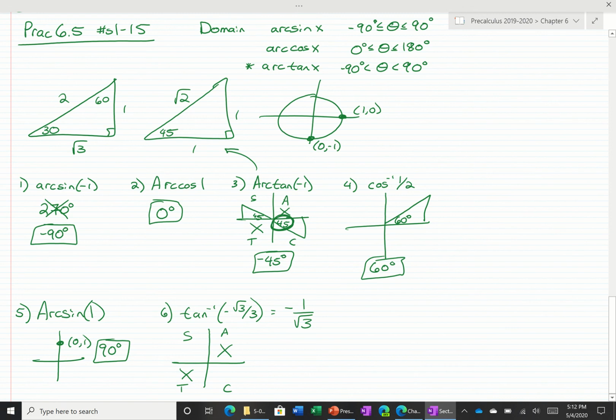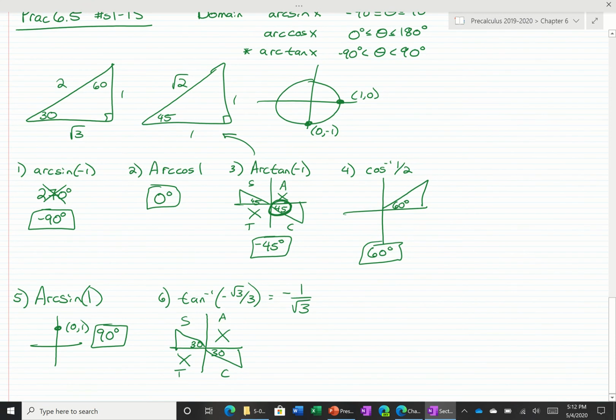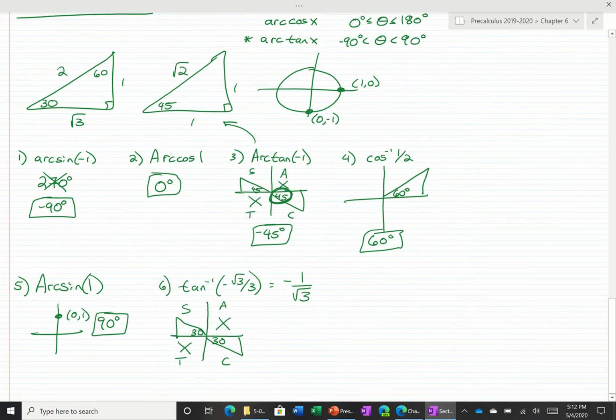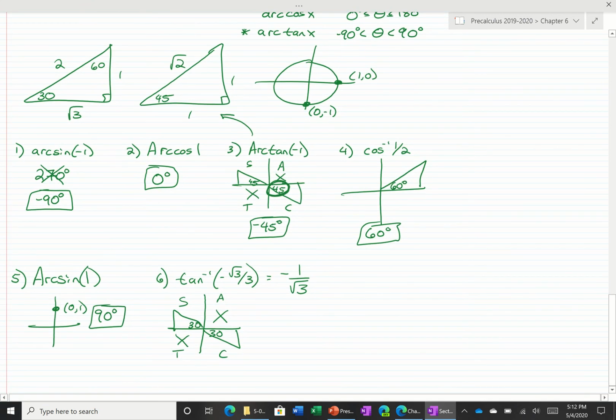So if you look at your special triangle, the tangent of 30 is 1/√3. So if we drew 30 degrees here and here, we would get a negative tangent. But tangent's only defined for the arc values between -90 and 90, so I'm going to use this angle right here, -30 degrees.